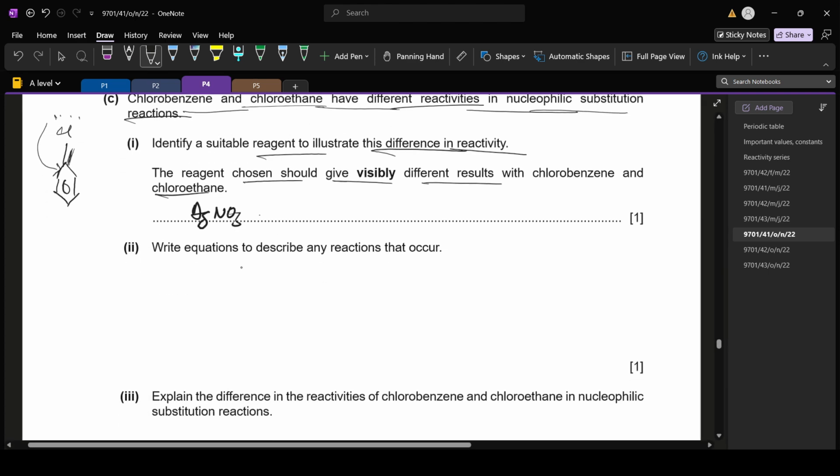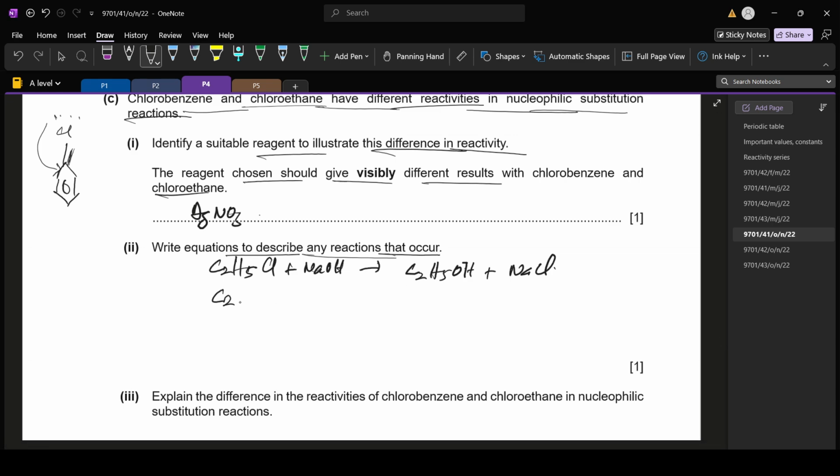Now write equations to describe any reactions that occur. The best way to show this is to write that chloroethane reacts firstly with NaOH to form C2H5OH plus NaCl.